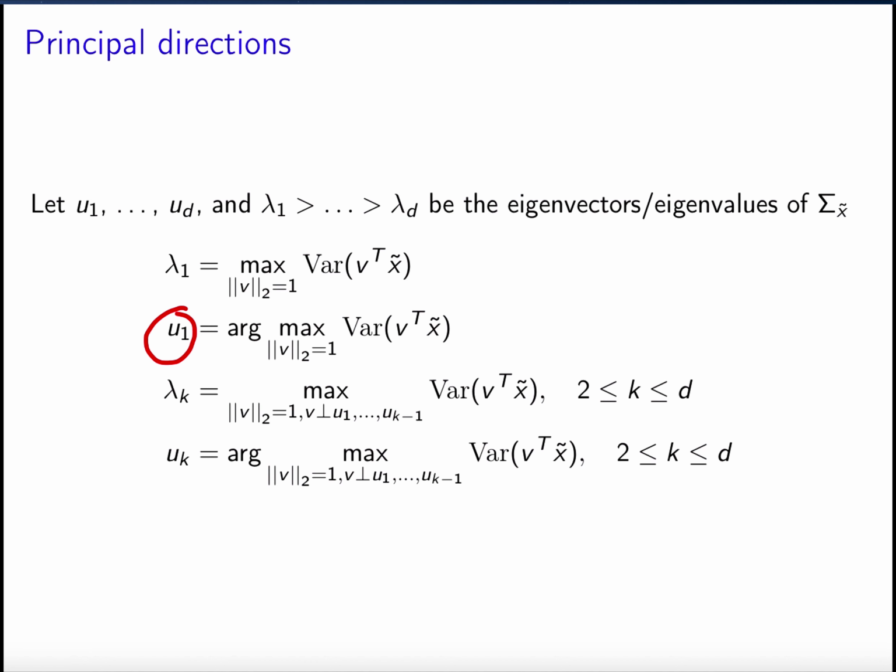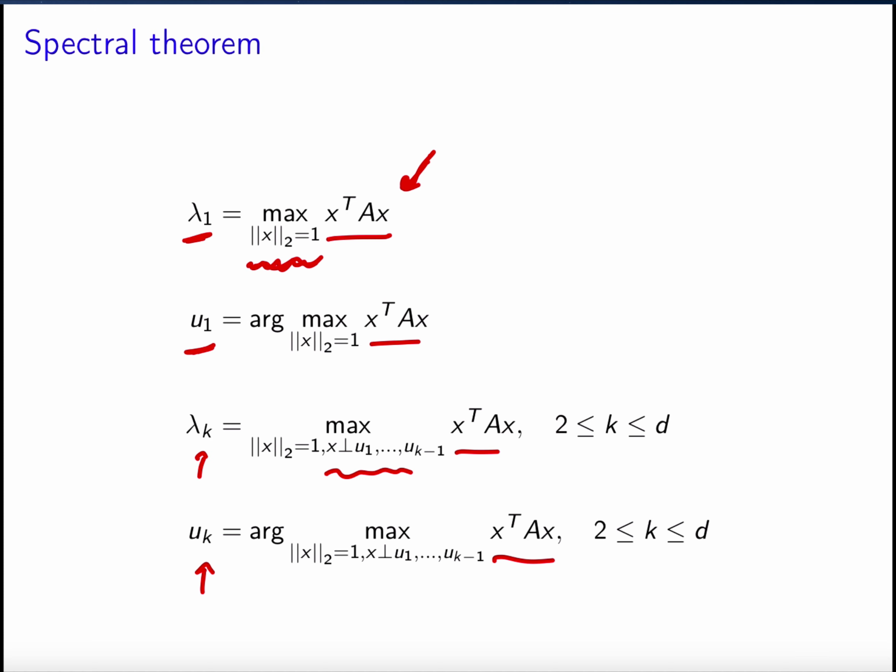Again, u1 to ud and lambda 1 to lambda d are the eigenvectors and eigenvalues of the covariance matrix. By this theorem, the maximum of the quadratic form is the first eigenvalue, and that maximum is attained in the direction of the first eigenvector.